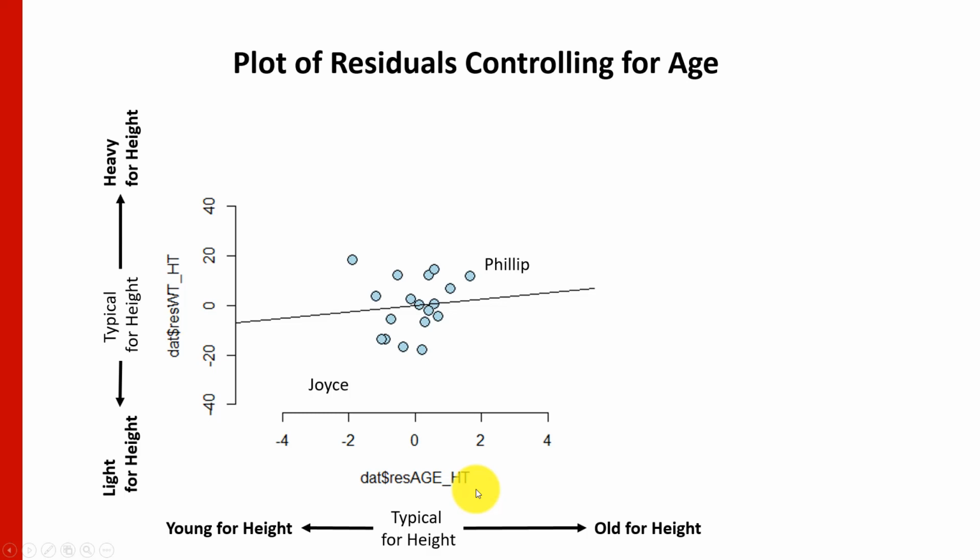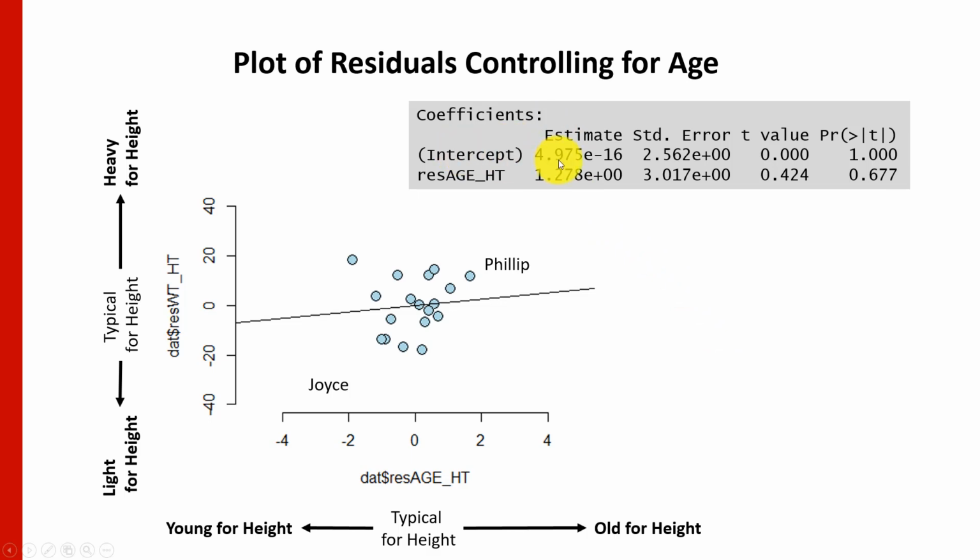And if we actually fit a line to this, we use our ordinary least squares regression to get a slope and an intercept for these data. What we end up with is an intercept again of 0 and a slope of 1.278. And that 1.278, if you remember back to the original slide, is the slope for the effect of age when we were controlling for height in the multivariable model.